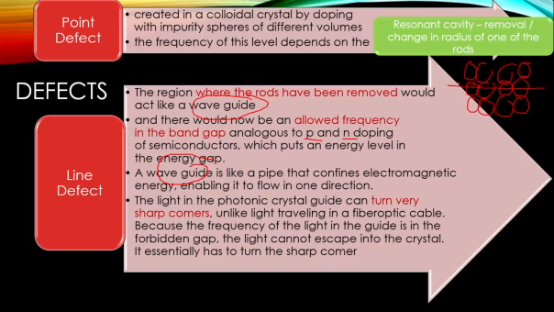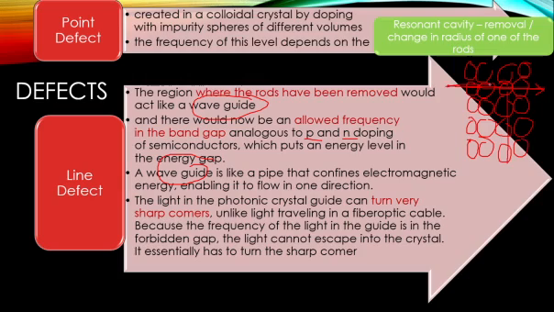That means whichever direction the line defect is along, that will act as the waveguide, so the light will be guided through. Suppose this is an assembly of rods and we remove this one particular line, then what happens?